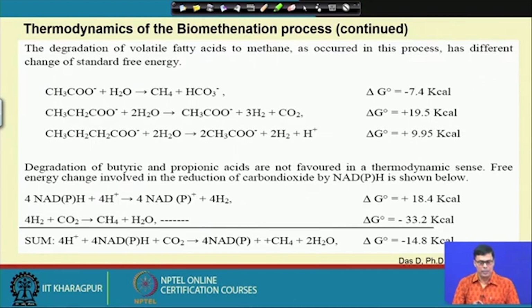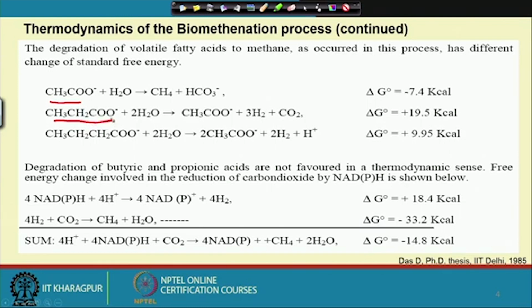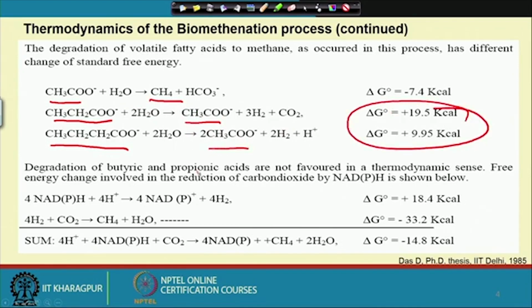Now, here as I pointed out, the intermediate volatile fatty acids that form in this reaction are acetic acid, propionic acid, and butyric acid. When these acids are converted to acetic acid, and then to methane, if you look at the free energy change, the conversion of propionic acid to acetic acid is not favorable. The free energy change is plus 19.5 kilocalories, but for butyric acid to acetic acid it is 9.95 kilocalories.